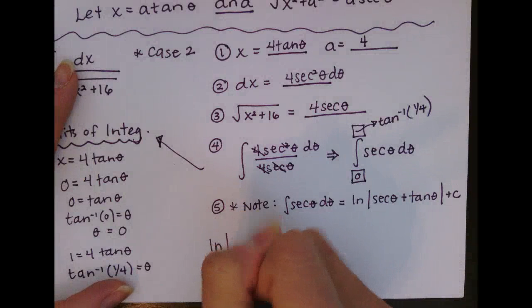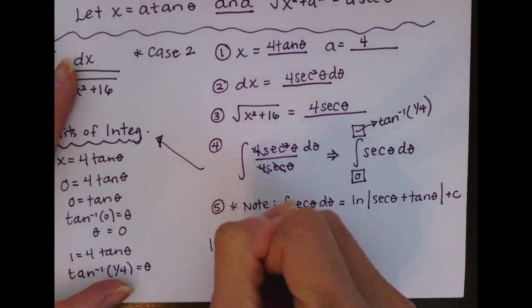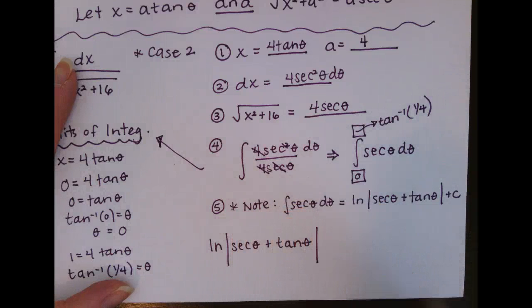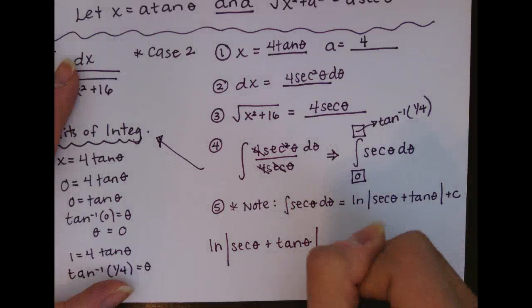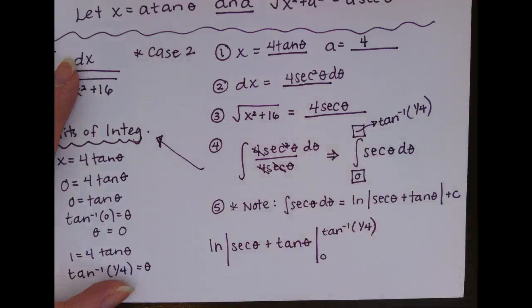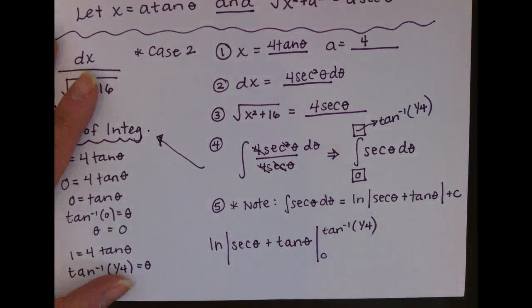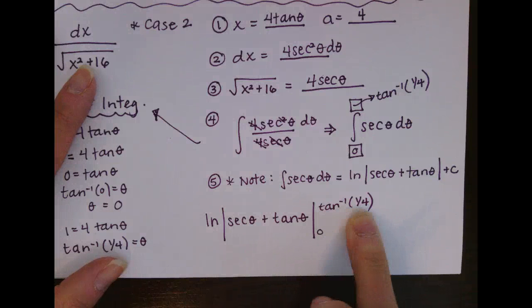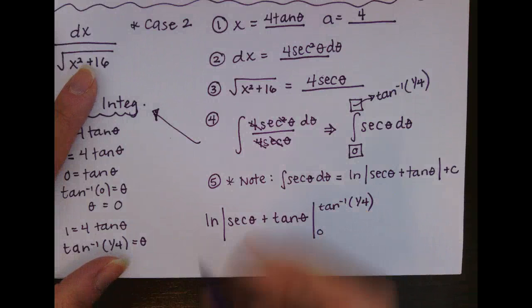So we're going to get the natural log of that same secant theta plus tan theta in absolute value form, but we're going to want to evaluate it over this interval. So let's start by plugging the inverse tan of 1/4 in for both of my thetas.